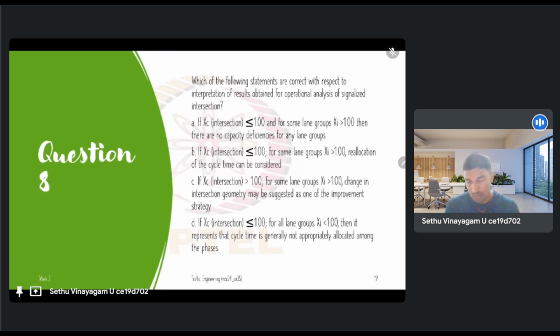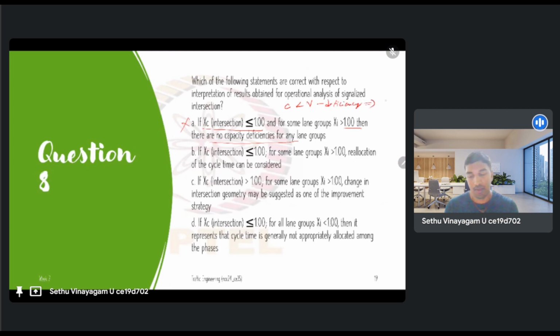So the first one is the condition where the intersection has a v by c ratio less than or equal to 1, but some lane group has Xi greater than 1. In this case, it says that there are no capacity deficiencies for any lane group. That is obviously incorrect, because capacity deficiency means your capacity is less than your volume.